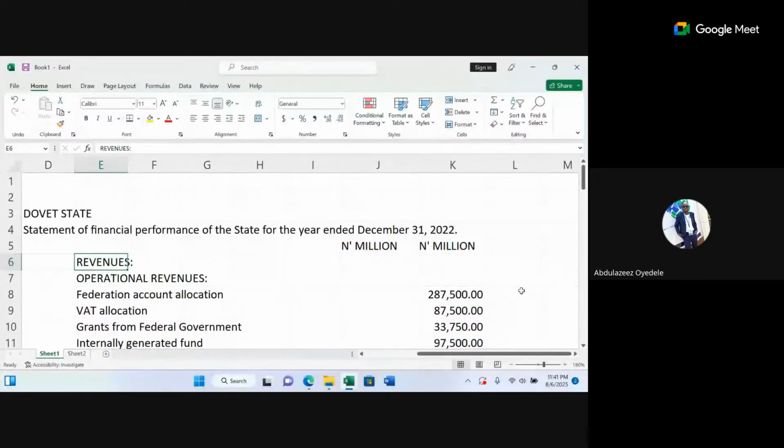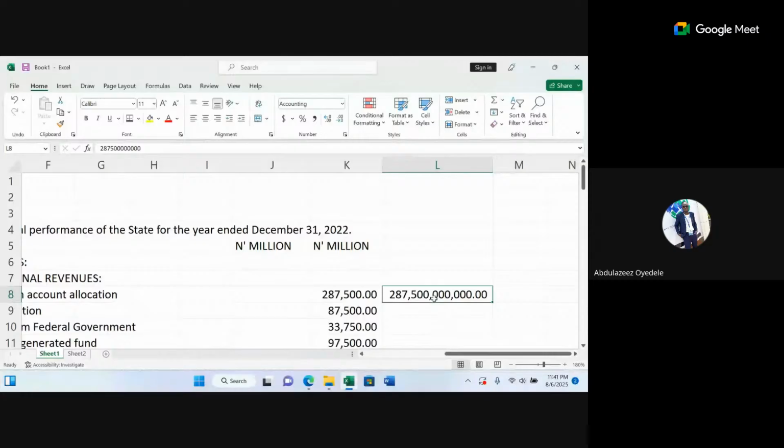This figure is supposed to be 287,500, then with million, which is 6 zeros, 1, 2, 3, 4, 5, 6. But we have said we are putting million up, so we took 6 zeros and put it up to represent million. And that's the way I can explain that one.